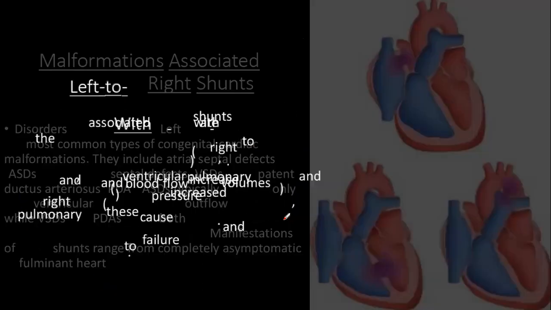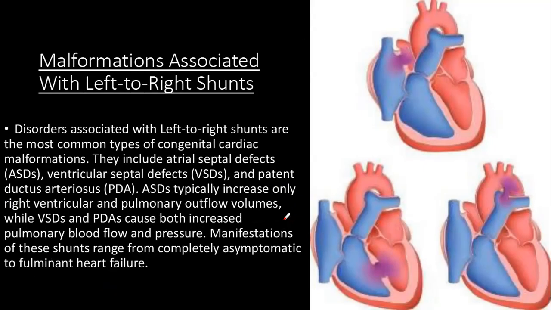So let's look at some of these malformations associated with the left to right shunt. Disorders associated with left to right shunt are the most common types of congenital cardiac malformations, and they include ASD, atrial septal defects, VSD, ventricular septal defects, and PDA, patent ductus arteriosus. ASDs typically increase only the right ventricular and pulmonary outflow volumes, but VSDs and PDA cause both increased pulmonary blood flow and pressure.